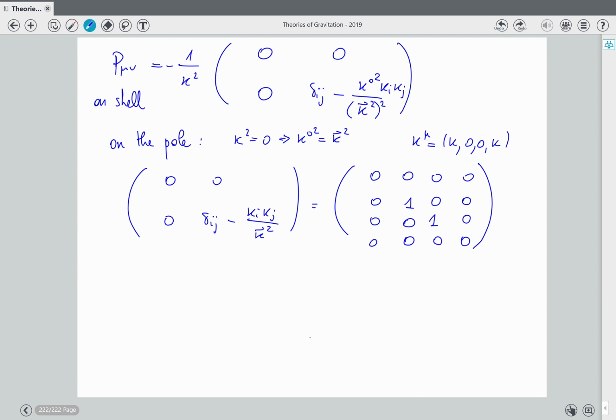You can rotate it the way you want, but this will always be a symmetric matrix with two positive eigenvalues equal to 1 actually, and one 0 eigenvalue. If you do the same for gravity, you will find the same thing. There, we will not do it. In gravity, you find analogous results.